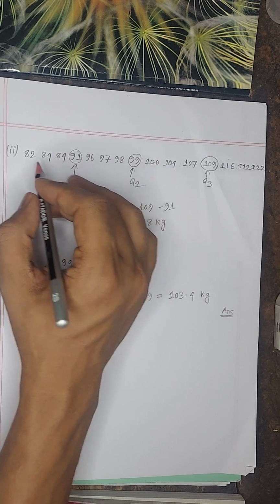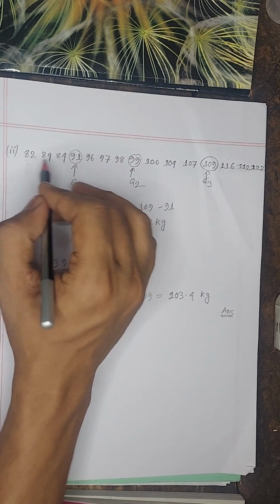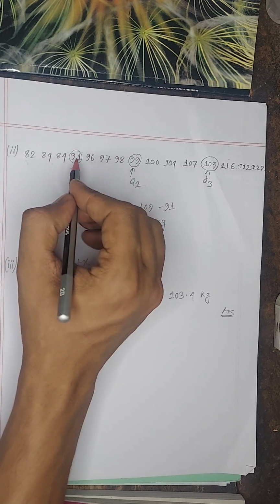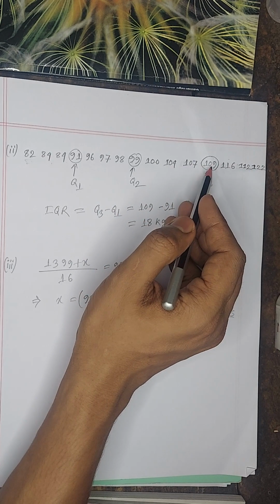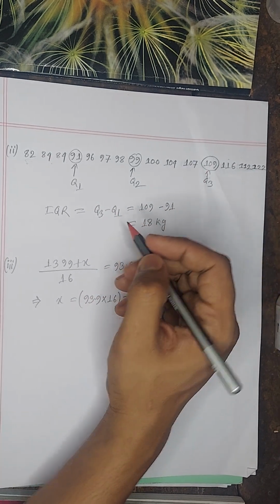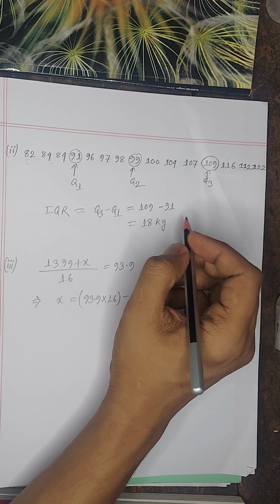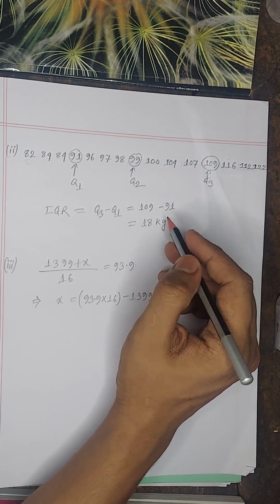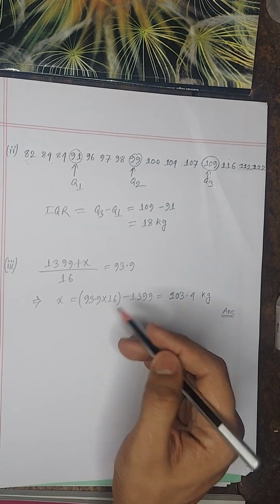Notice that there is always a difference of 3 data. Here 3 data, then this will be the first quartile, then 3, this the second, then 3, and then the third. So Q3 will be 109 and Q1 is 91. Thus you will find the quartiles.